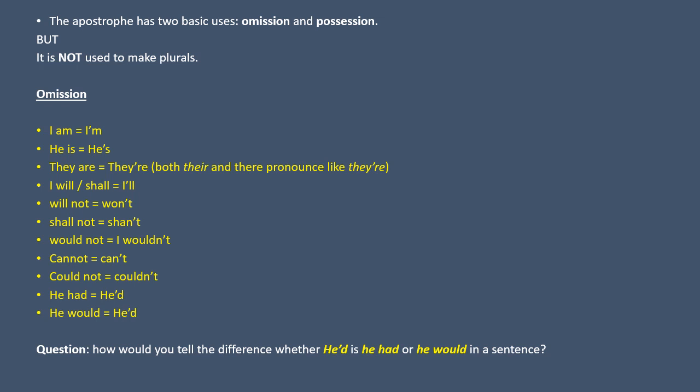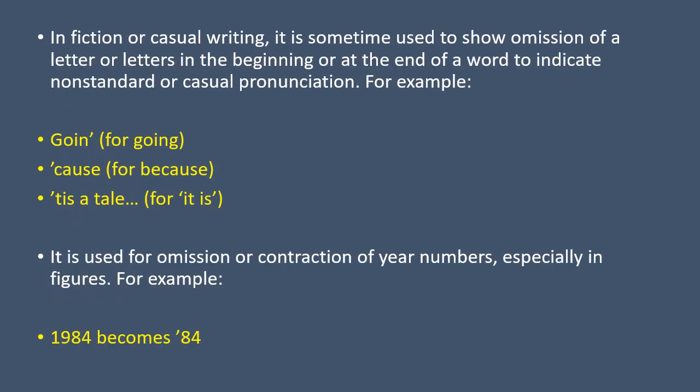I would ask you to write your answers in the comment section and see who comes up with the right answer. Next, in fiction or casual writing, it is sometimes used to show omission of a letter or letters in the beginning or at the end of a word to indicate non-standard or casual pronunciation. Okay, for example, going for going, 'cause for because, and 'tis a tale.